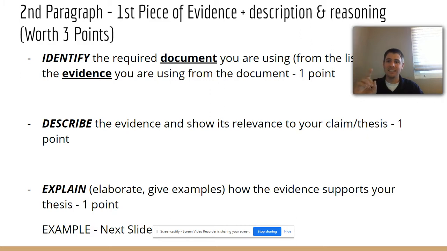So your identify here, and I'm just giving an example: as seen in the Articles of Confederation, there are problems when the states have sovereignty. Boom, identify. That gives me 1 point. Next, I got to describe. This describe is basically you telling the readers you know what the Articles of Confederation are about.